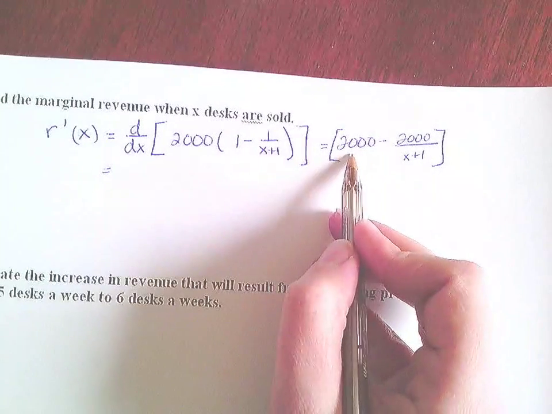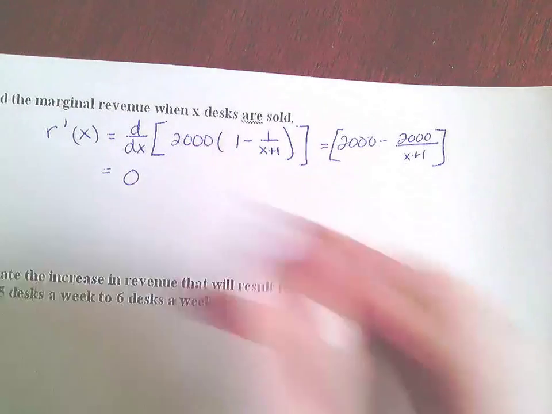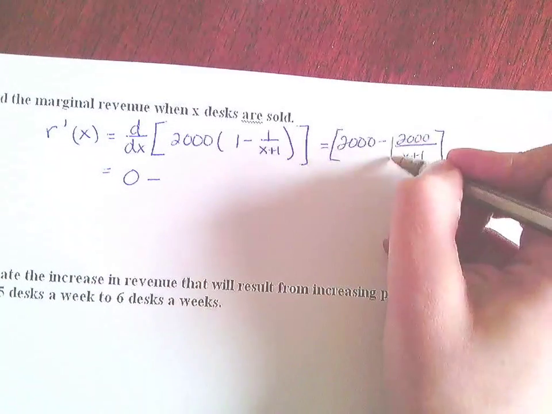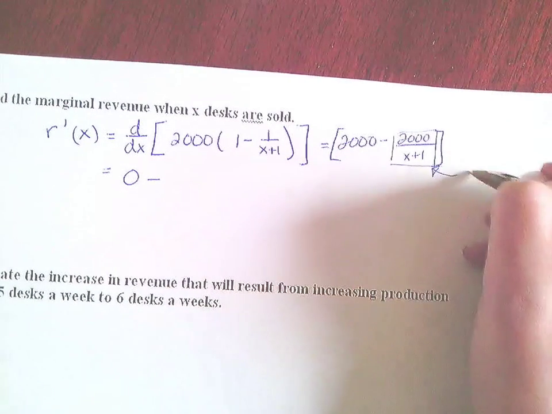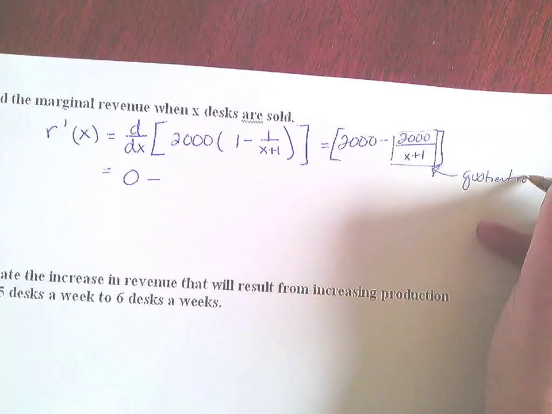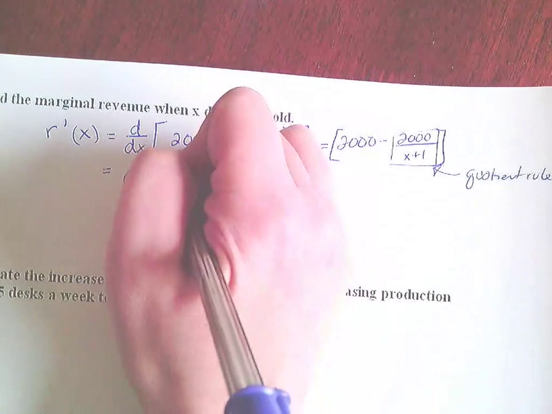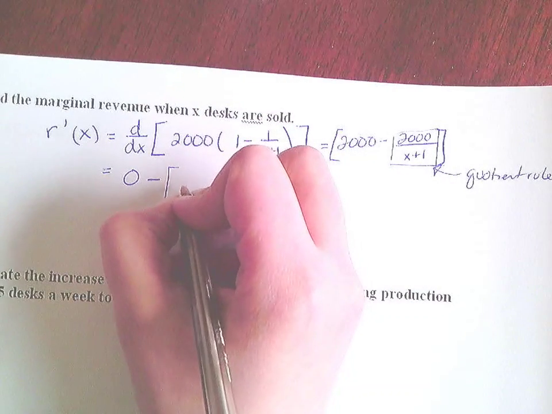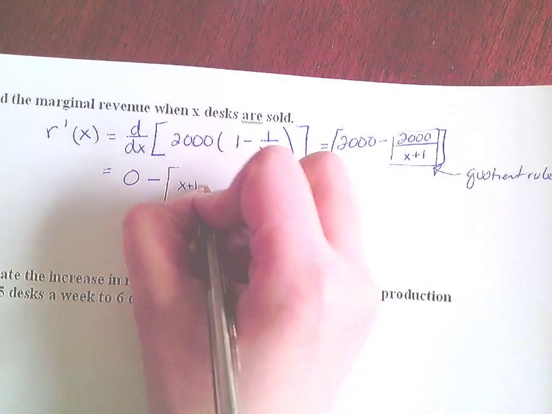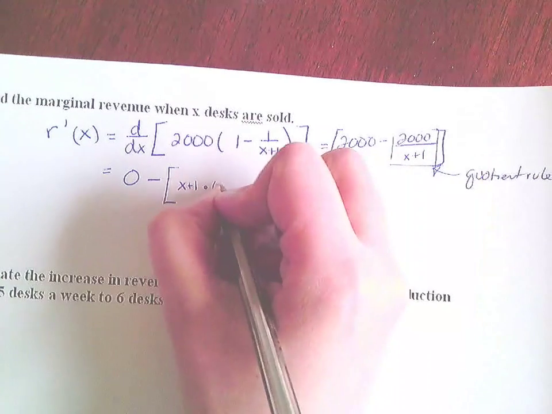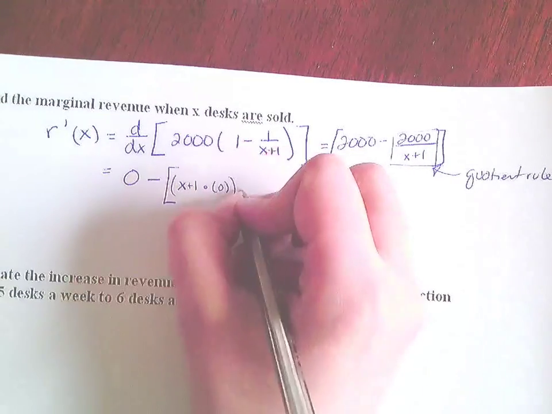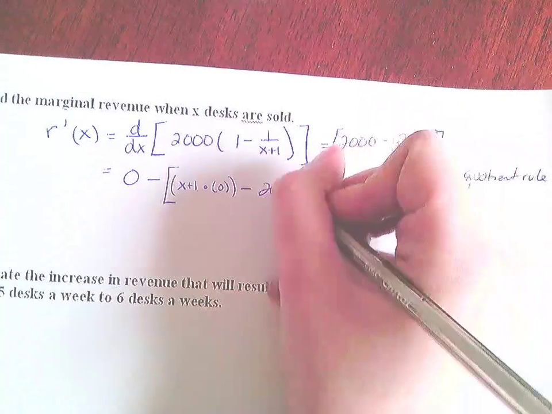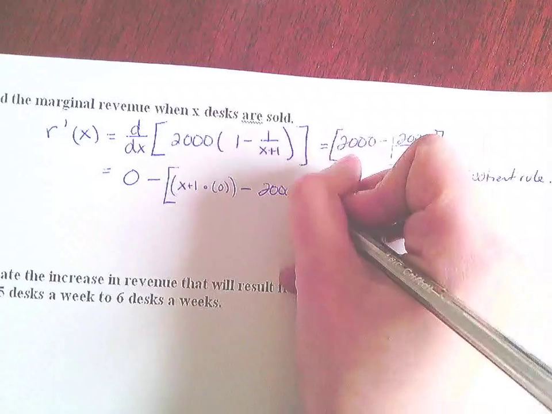So what's the derivative of 2,000? It's 0. And then minus, the derivative of this guy, if you remember, we're going to use the quotient rule. So I'm going to put this in a big parenthesis for now. It's going to be the bottom, x plus 1, times the derivative of the top, which is 0, minus the top times the derivative of the bottom, which is 1.